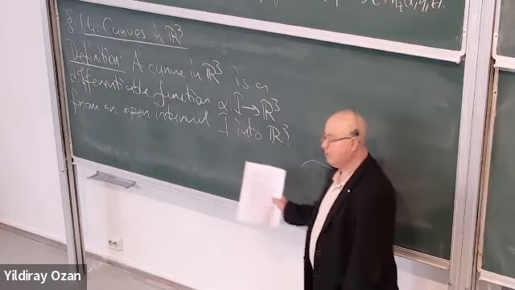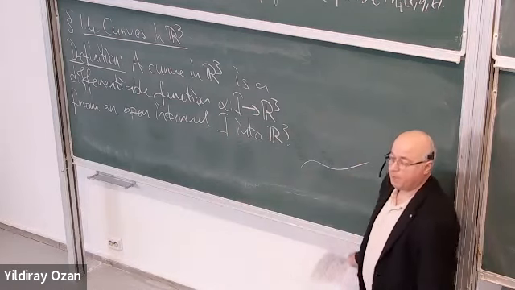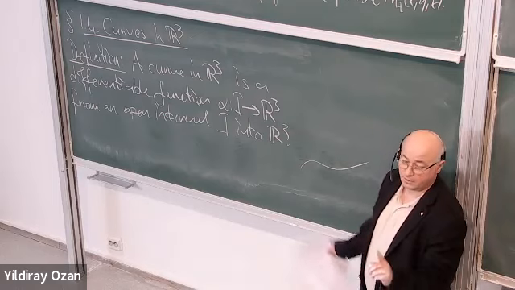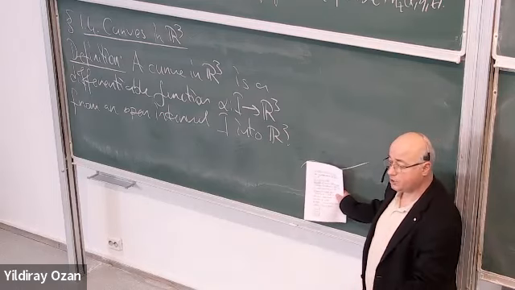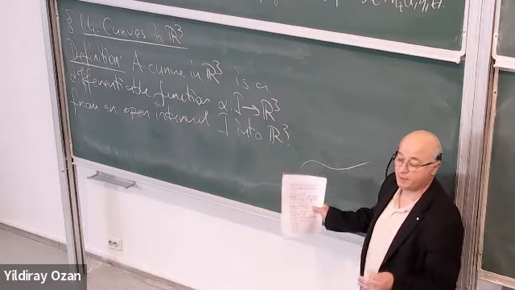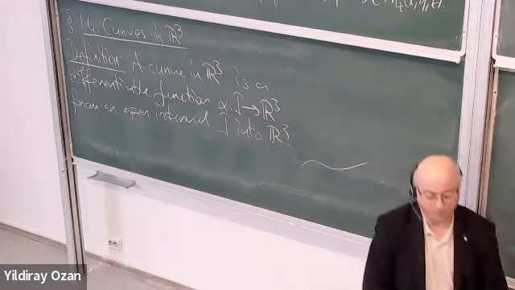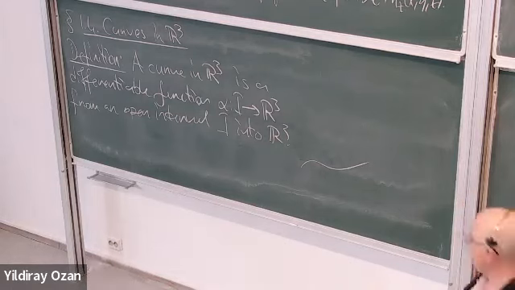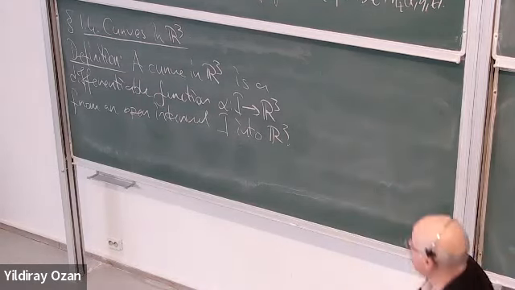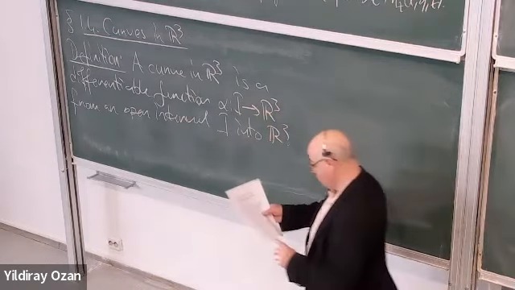This might be the image of a curve, but different functions may have the same image. It doesn't mean that those functions or curves are the same. They are the same if and only if the functions are the same. Their images could be the same, but as functions they might be different objects, and we will consider them as different curves.